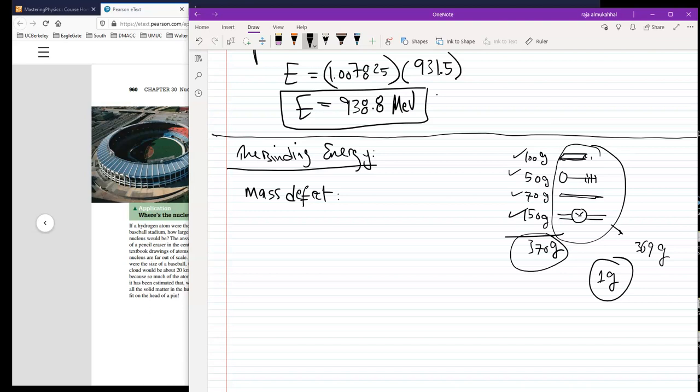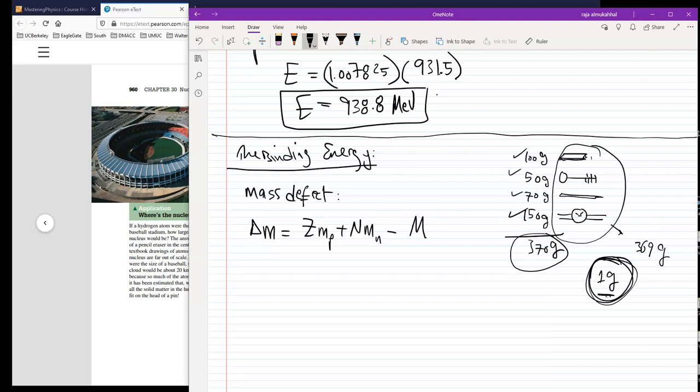What happens is that this mass, this deficiency in mass, actually converts into energy to bind the nucleons together. They call it the binding energy. You get that? In other words, the mass defect, delta M, if I want to calculate it, is basically the total number of protons times the mass of the proton plus the total number of neutrons times the mass of the neutron, minus the mass of the atom, the mass of the nuclide, okay?